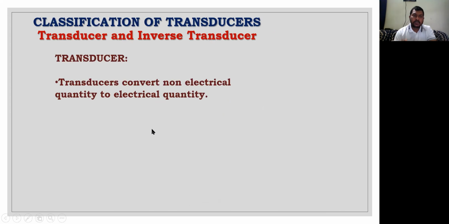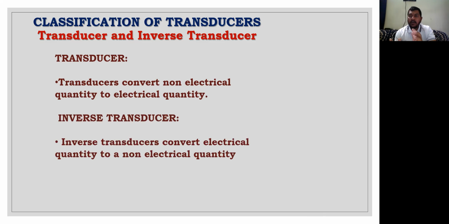Then inverse transducers. As we have transducers which convert a non-electrical quantity into an electrical quantity, we have inverse transducers also. Inverse transducers convert an electrical quantity into a non-electrical quantity. For example, a speaker converts an electrical quantity into sound.